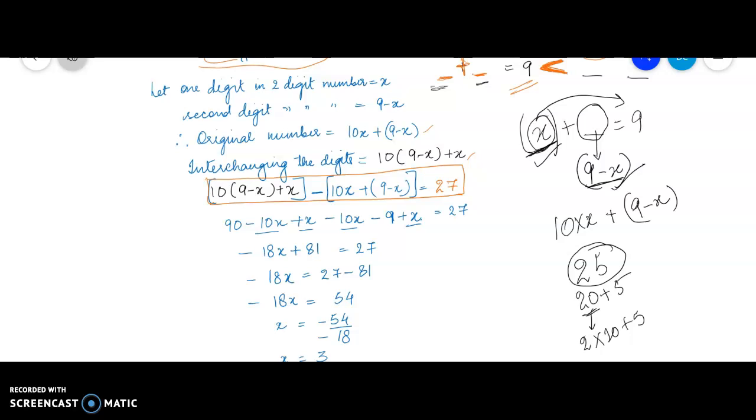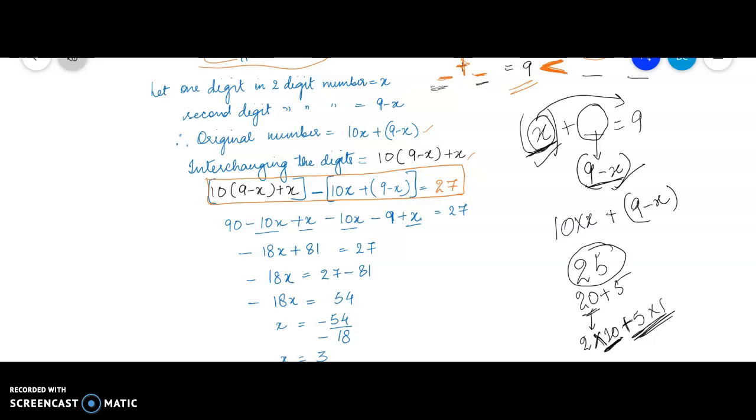Therefore, here you can see that the tens digit has been multiplied by 10, followed by adding the ones digit. The ten's digit is multiplied by 10, and the ones digit is multiplied by 1. That is why we call it the ones digit, because we are multiplying it by ones. That is why we call it the tens digit, because we are multiplying it by 10, then 100, then 1000, and it follows, right?